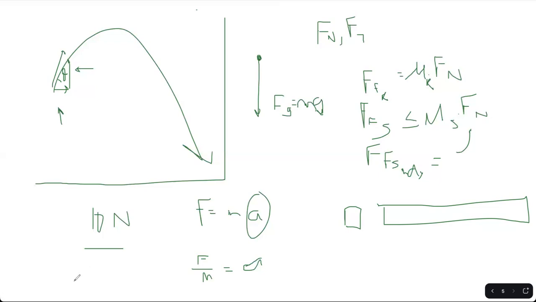But the bug, it's like 0.1 kilograms, if even. Again, this is a very big bug. That's going to be 100 meters per second squared, which is a huge amount of acceleration for the bug. So it depends on mass. The same force is applied, but that doesn't necessarily mean the same acceleration is applied.